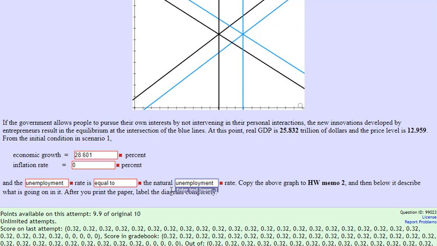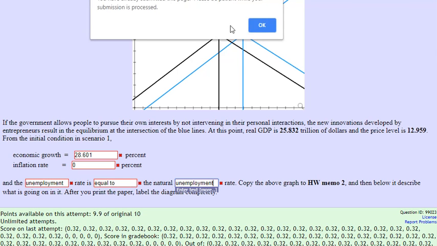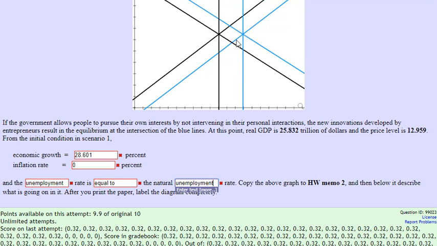So although there's innovation and new industries, and firms in the short run replace people with technology because the unemployment rate is low, the natural replacement of people with machines and the formation of new industries pushes unemployment back to its natural level. And it looks like we got everything correct.